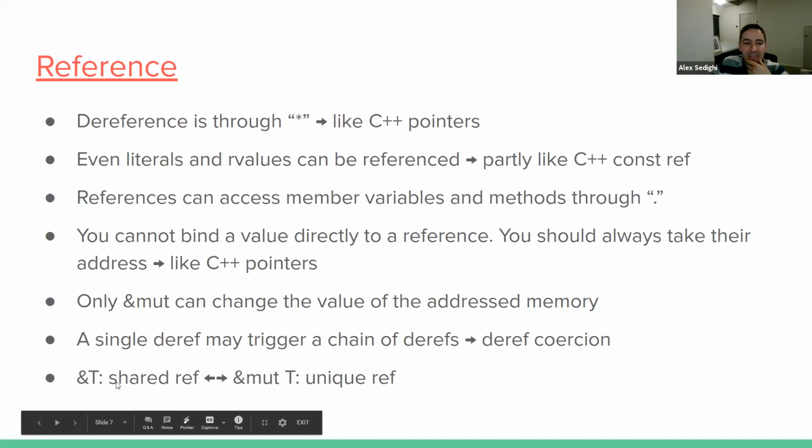The reason is, even though the normal reference cannot change things, there are situations where you use a normal reference and change it. And the very important thing about an &mut reference is that you cannot have any other reference at the same time once you've got a mut.